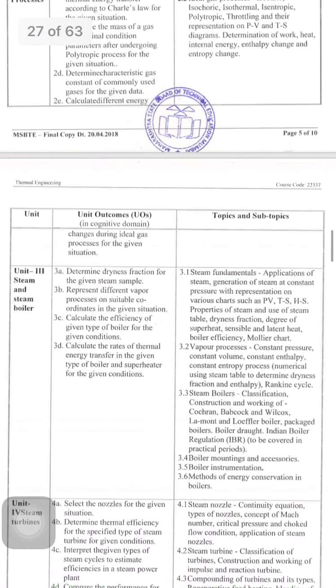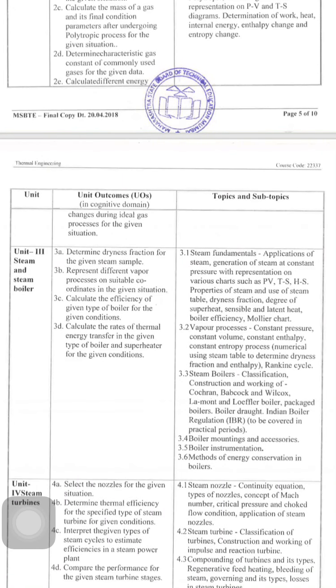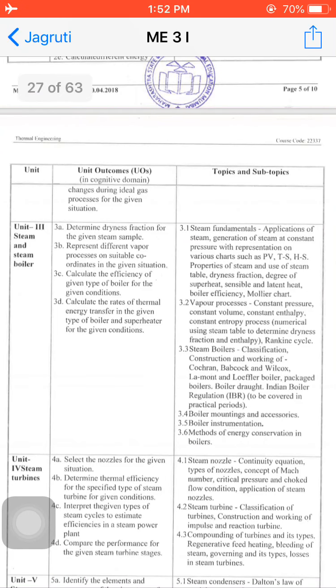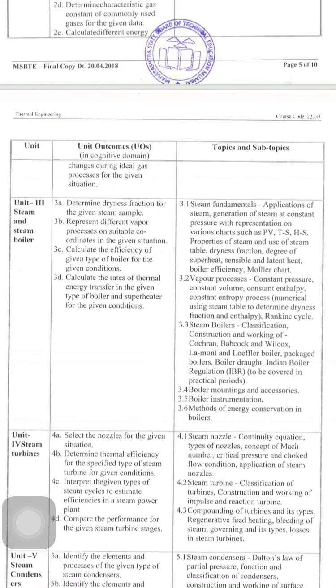Now, after that we have unit number 3, which is steam and steam boiler. It is a very important unit from the view of mechanical engineering. That chapter is divided into 6 points.